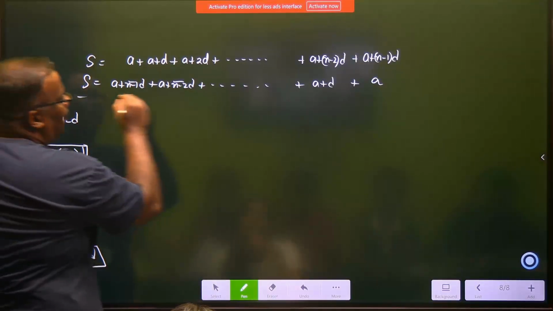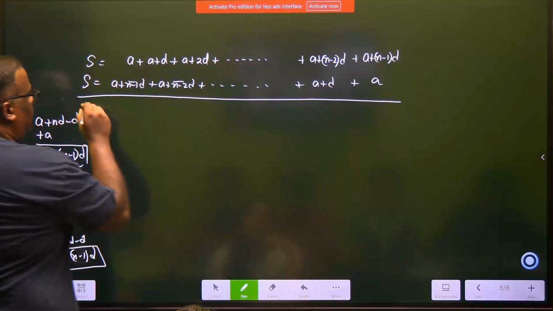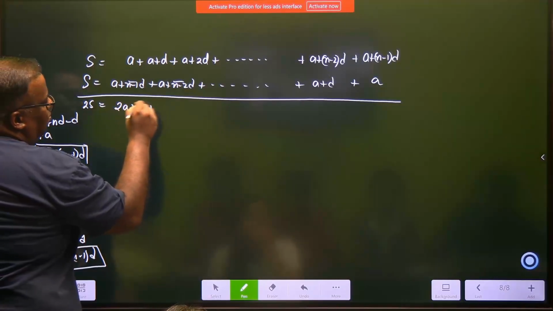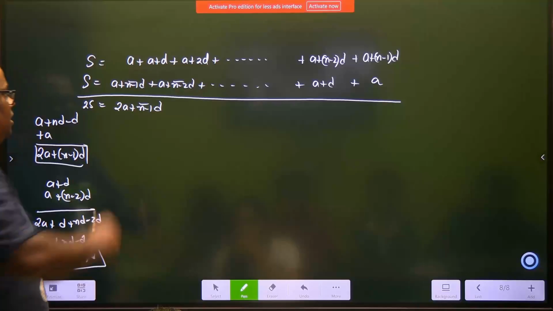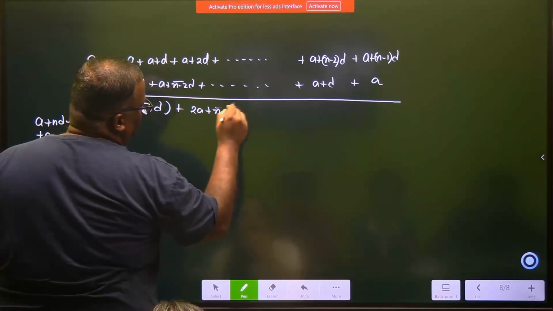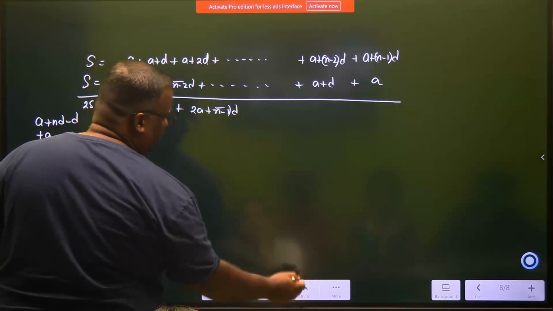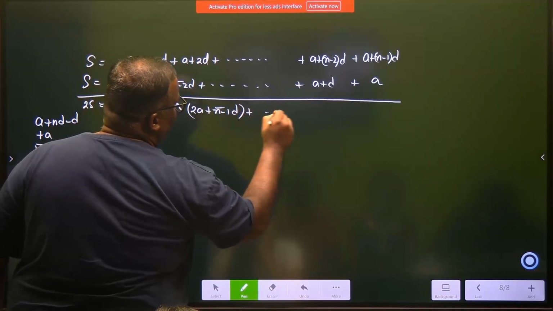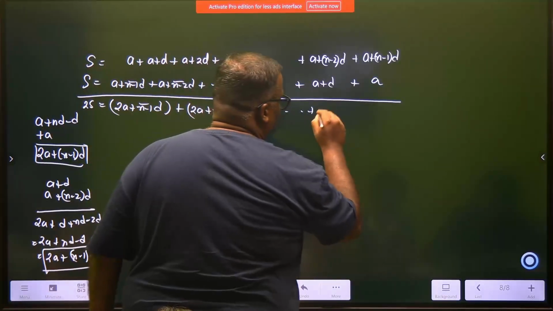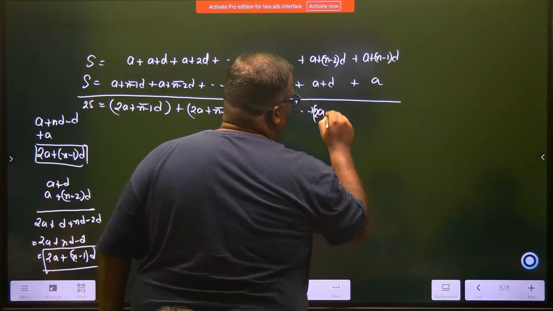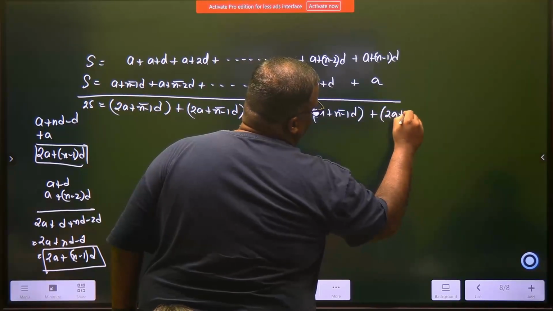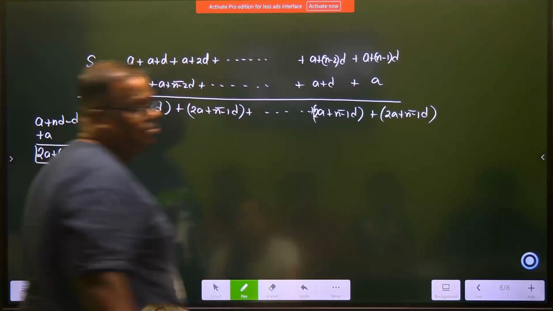So if I add these two series, I can write 2s and I can write 2a plus n minus 1 into d. Agreed? Then the second term will also be 2a plus n minus 1 into d. And this goes on and we get 2a plus n minus 1 into d, and again 2a plus n minus 1 into d.